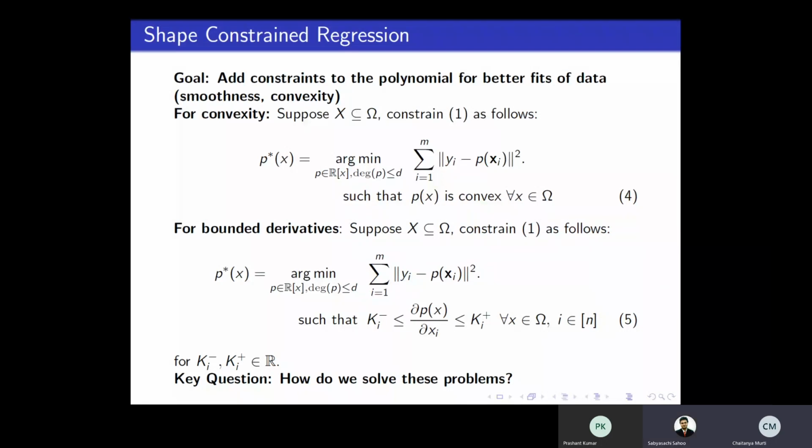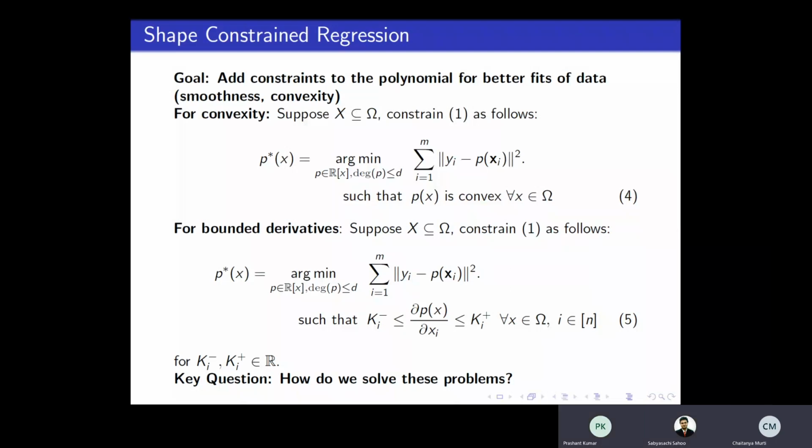That's why you have that lambda over there. Right, so this is more explicit than that. Here I'm saying, look, P is convex. Here I'm saying my partial derivative with respect to xi lies between this and this. So it's more explicit than that, and because it's more explicit, it also gives us a little more flexibility to play around with it.